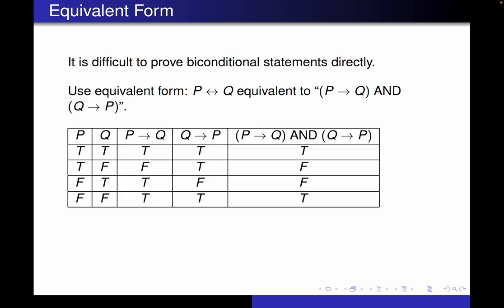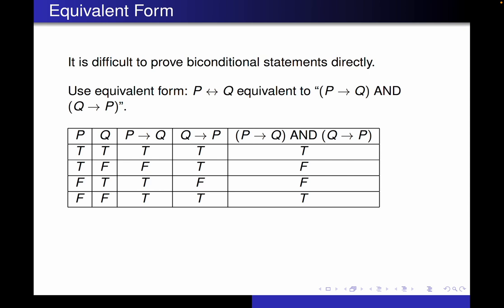And if you want to see why this is true, here's what the truth table looks like for if P then Q and if Q then P. P implies Q is false precisely when P is true and Q is false. So you can see in that third column you have T, F, T, T. Q implies P is false precisely when Q is true and P is false. That's going to be in the third row. The only time that both P implies Q and Q implies P are true are in that top row and bottom row.